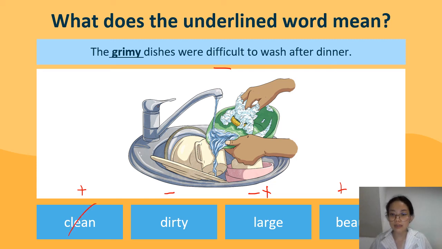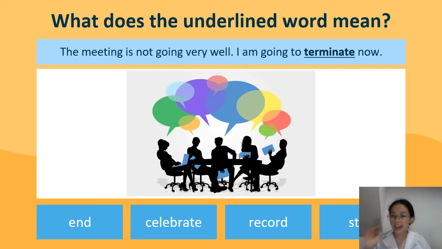Because it's negative. So what do you think? The dirty dishes or large dishes were difficult to watch after dinner? So the correct answer is dirty. The grimy, it's full of oil. The oily dishes were difficult to watch after dinner. Very dirty. And the next one, you have to be fast for this.